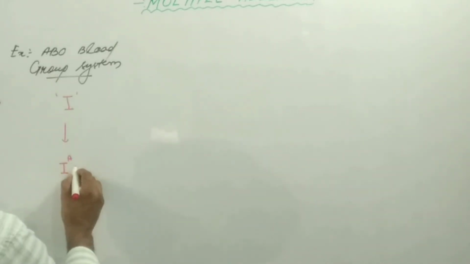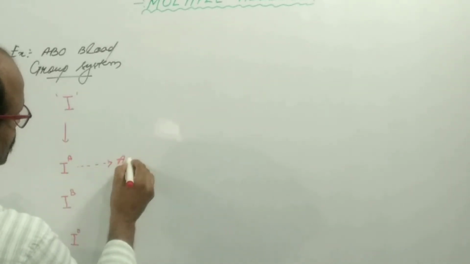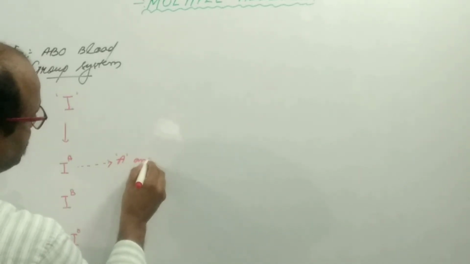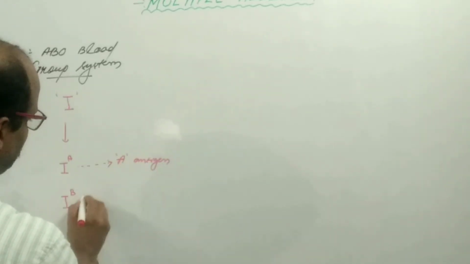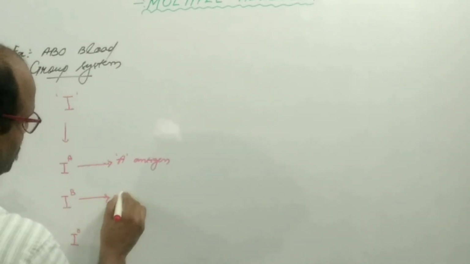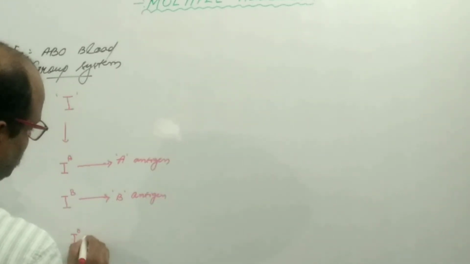Here A has the tendency towards production of A antigen, and B has the tendency towards the production of B type of antigen, and O has no power.